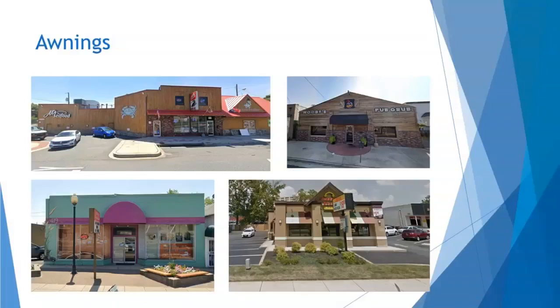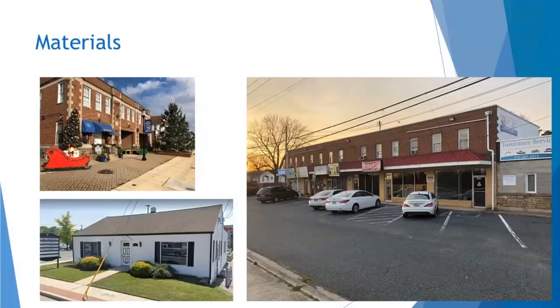Okay, we'll move on to materials. As we've seen through this slideshow, there are many different types of materials used throughout the commercial revitalization district in Essex, both in the main Eastern Boulevard corridor and then as we work our way east and then south along Back River Neck Road.